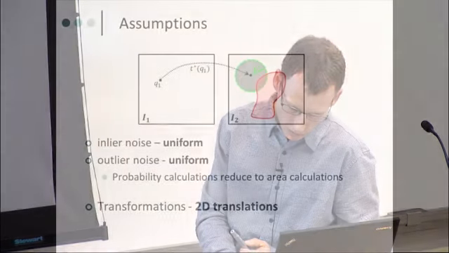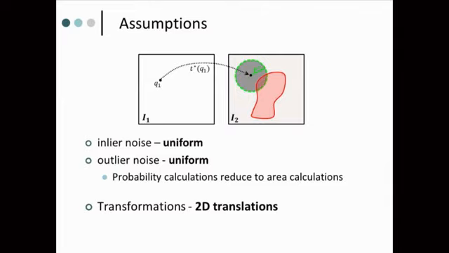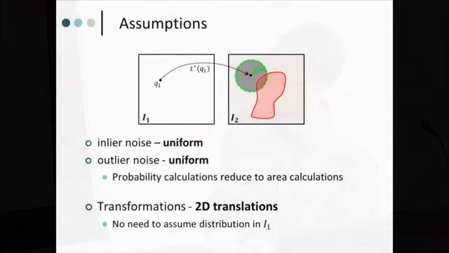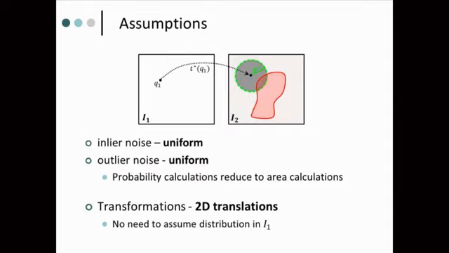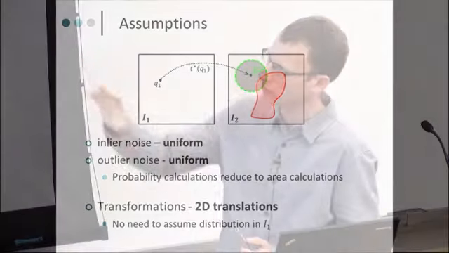And also we assume only 2D translations, because this allows us not to assume anything about the distribution of the point Q1, but only focus on what happens in the second image.